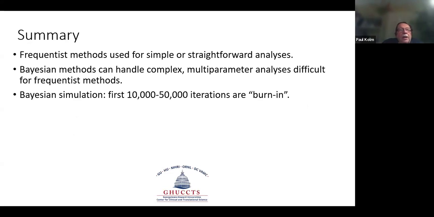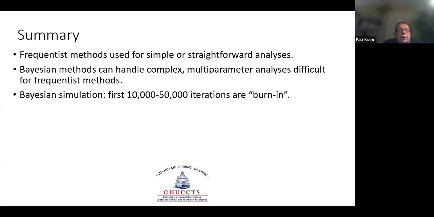A few comments I want to make here in summary. Frequentist methods are typically used for simpler, straightforward analyses, so if you're doing just a t-test or an analysis of variance. Where the Bayesian methods are really useful is if you have complex multi-parameter analyses, and these are usually difficult for frequentist methods.